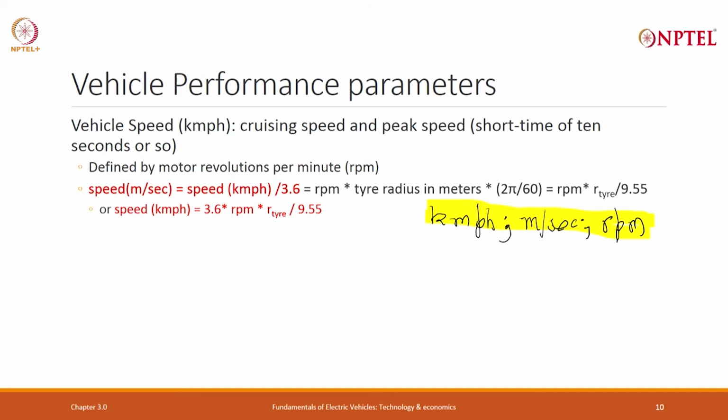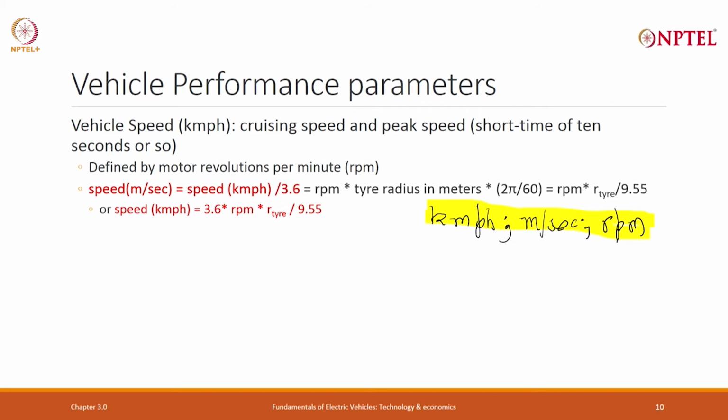To convert kilometer per hour, the speed in kilometers per hour is divided by 3.6, because a kilometer is 1000 meters and an hour is 3600 seconds. So 1000 by 3600 seconds: kilometer per hour divided by 3.6 gives meters per second.